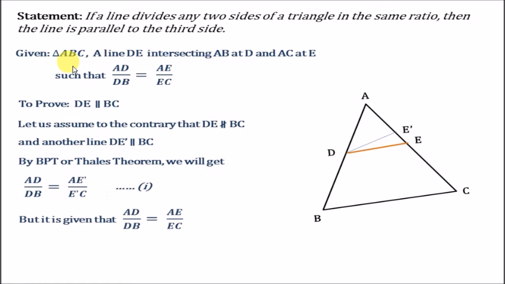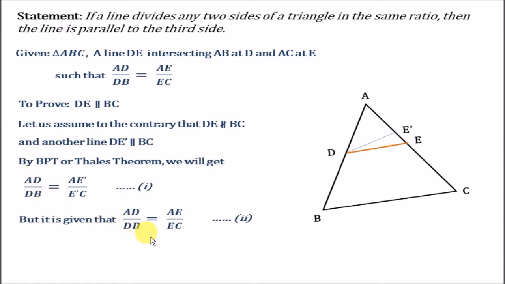But it is also given that AD by DB equals AE by EC. This is given in the statement of the theorem itself. Let's call this equation number 2. Now, on comparing equations 1 and 2, the left hand side of both equations is the same, that is AD by DB and AD by DB.